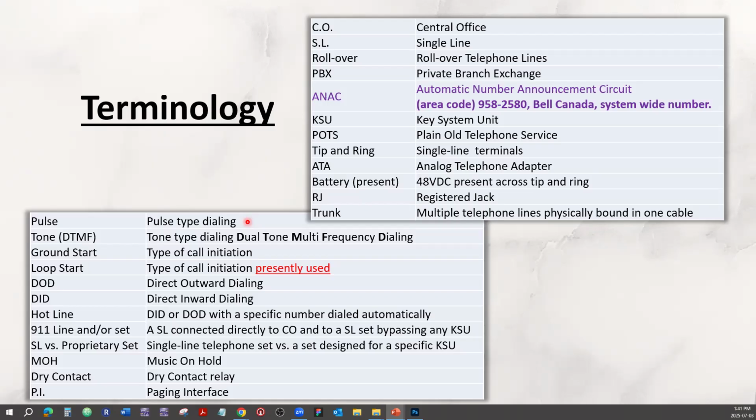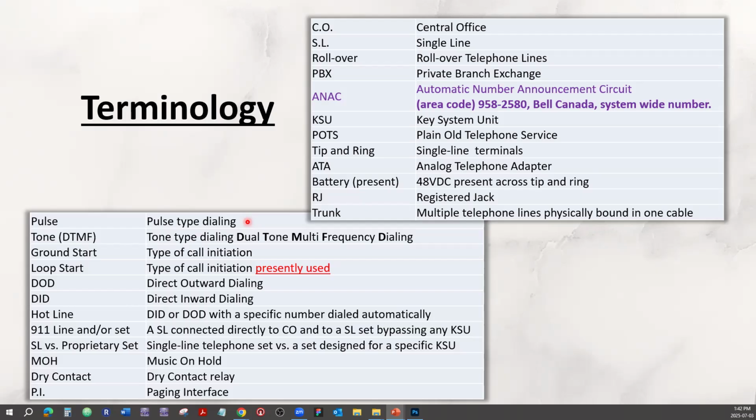So the pulse would just sound like that, line interruptions. And those pulses would be interpreted by the CO office and put in a sequence of whatever number is being dialed. And once the whole thing was dialed, then the person with that number would be connected to you, and you would have a conversation.